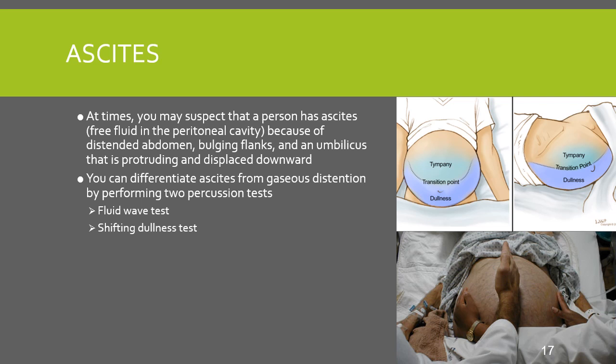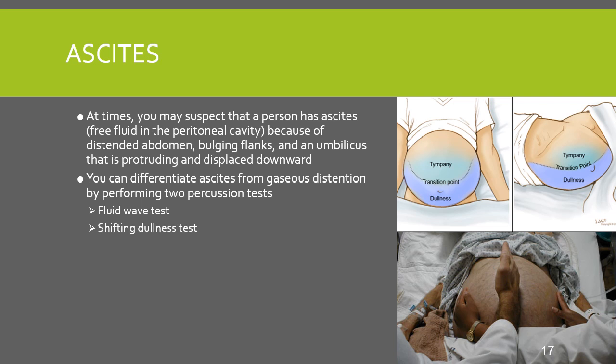At times you might be caring for somebody who has ascitic fluid in the abdomen, such as a patient who has cirrhosis or tumors from cancer. So there's 2 tests that you can do. The top picture here is the shifting dullness test, where you have the person semi-Fowler's, and you percuss from top to bottom, hearing tympany and then dullness, and the transition point is the fluid level.